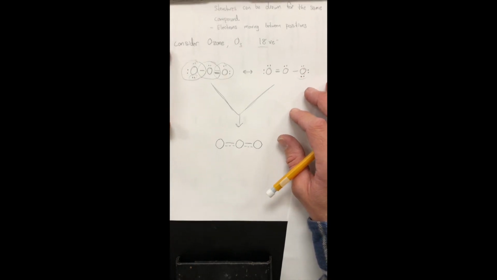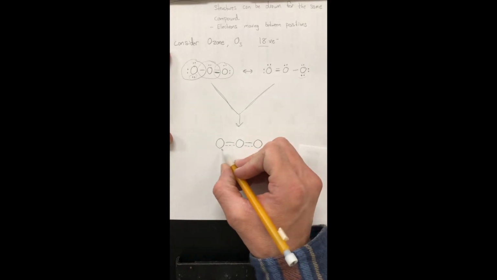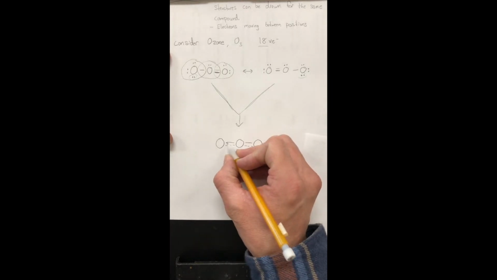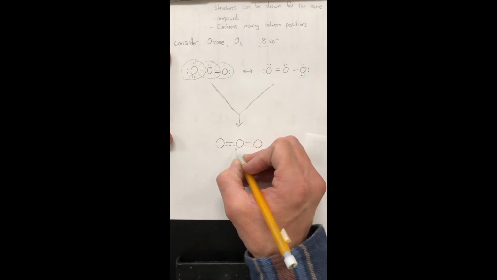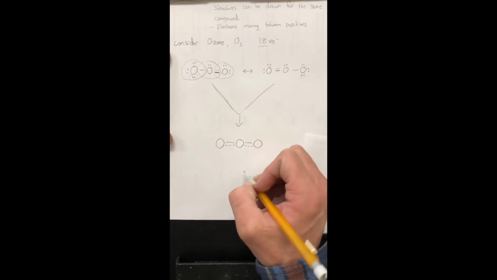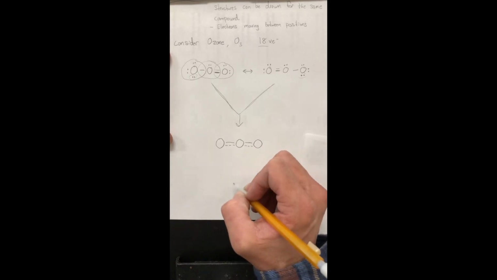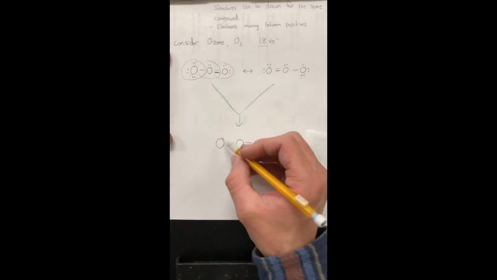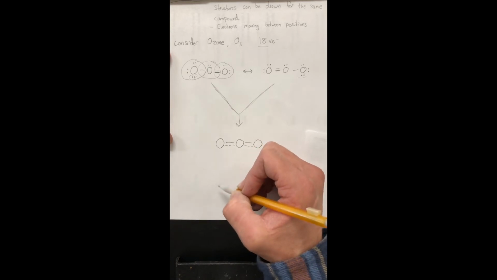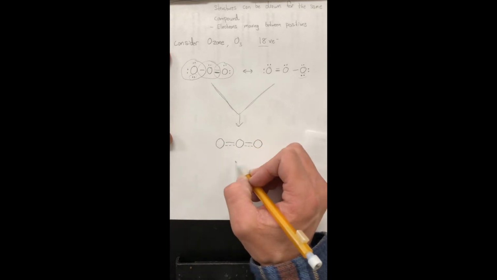where the way that we represent it is we draw the 3 oxygen atoms, and we draw the double bond such that the second bond is a dotted line to represent the delocalized, or moving, electrons. Also, you'll notice that in my resonance hybrid drawing, I left off the lone pair electrons.